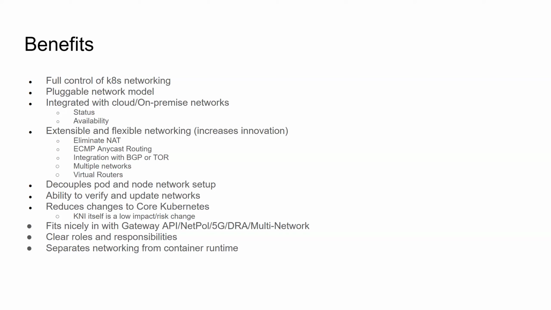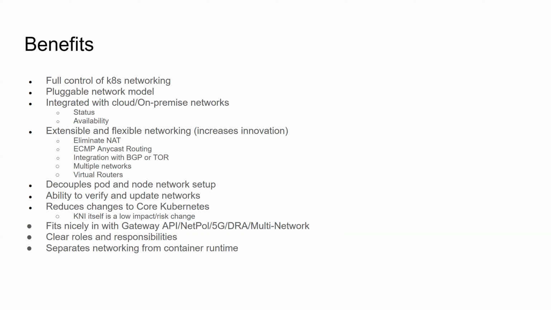And we can also say ability to verify and update networks, which obviously is not an MVP item unless people really want it. And then one thing is that I'm hoping that in the future this can reduce the amount of changes to core Kubernetes, that we can make use of CRDs and more.